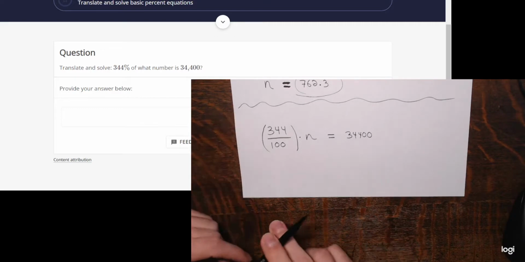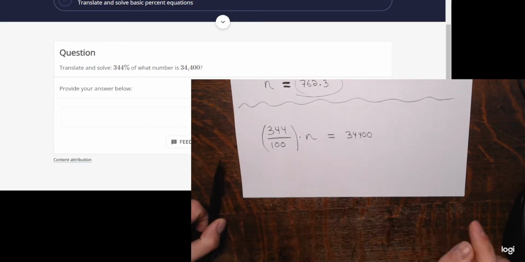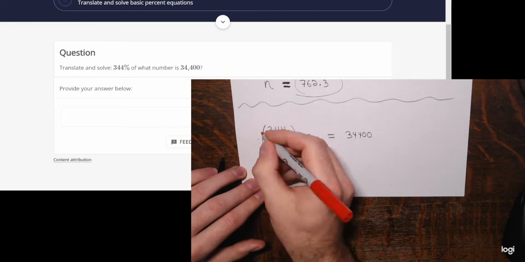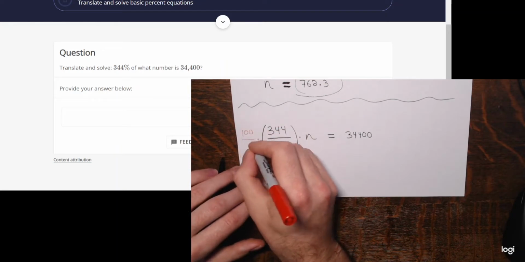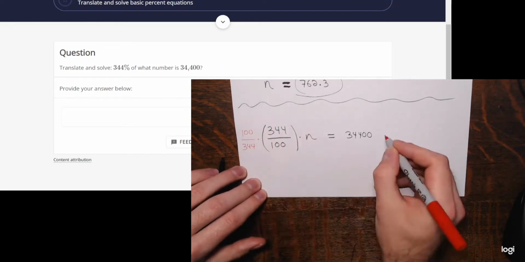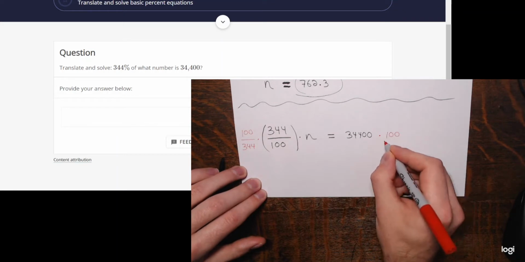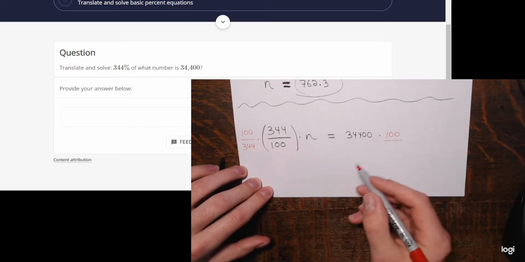Well, to get n alone here, just need to multiply both sides by 100 over 344, or divide both sides by 3.44 if you wrote it as a decimal.